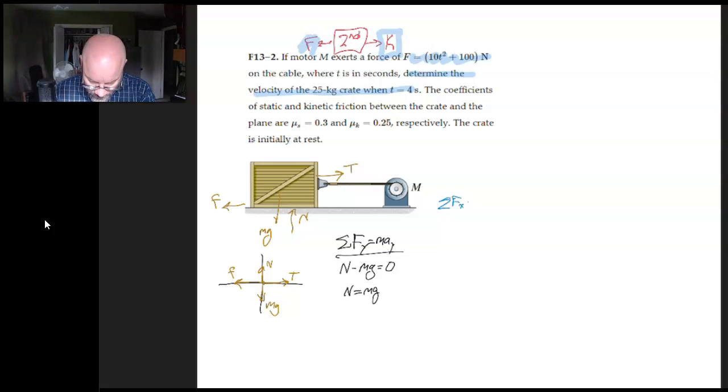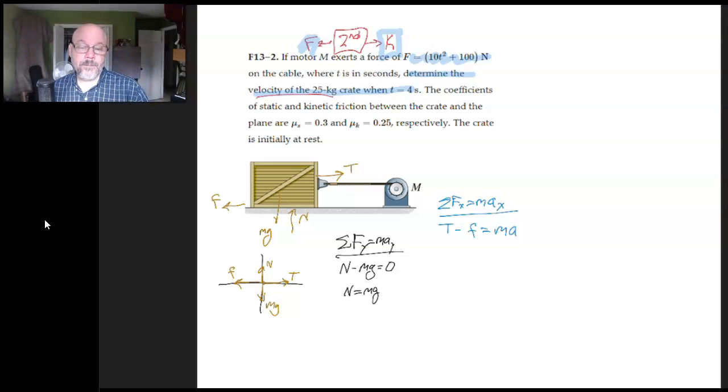Now let's get to the x component. Sum of forces in x equals m a_x. And now we've got our tension minus our friction is ma. Now a is the key because remember we're eventually going to look for the velocity term. So that's why we got to get that a value.